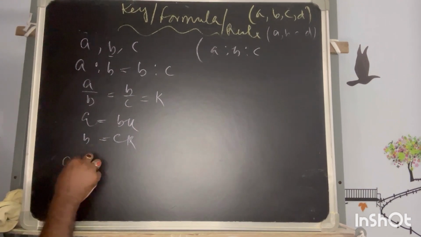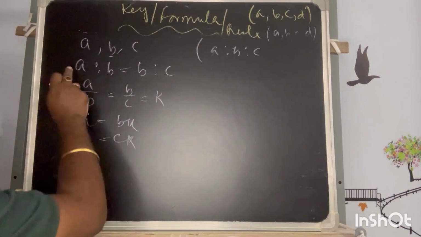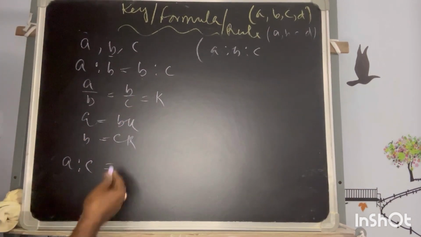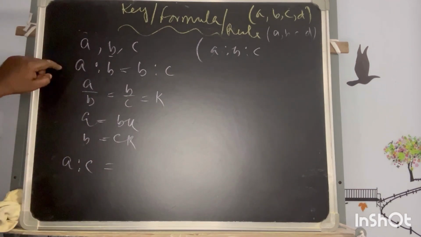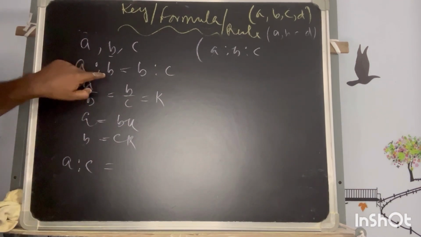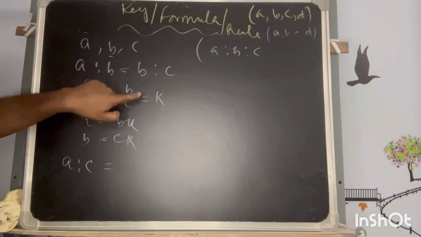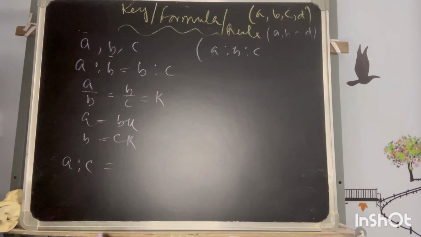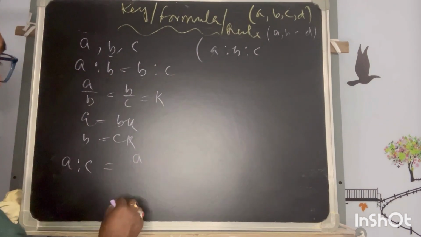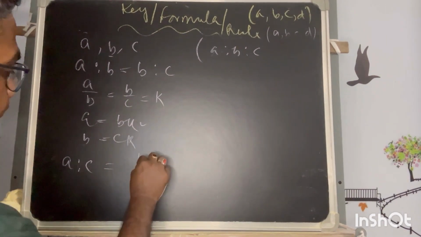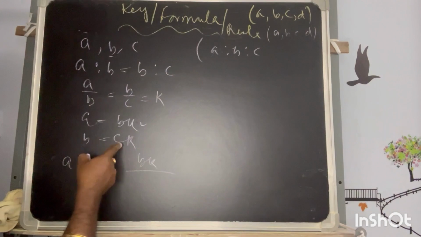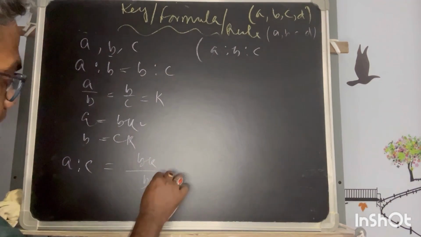So now if I do the ratio of the extremes, this could be one proof, or you can take it as a corollary. What is the effect of it? A is to B, B is to C is equal to k. So A is to C, if I want to calculate, A can be written as Bk, and C can be written as B by k, isn't it?